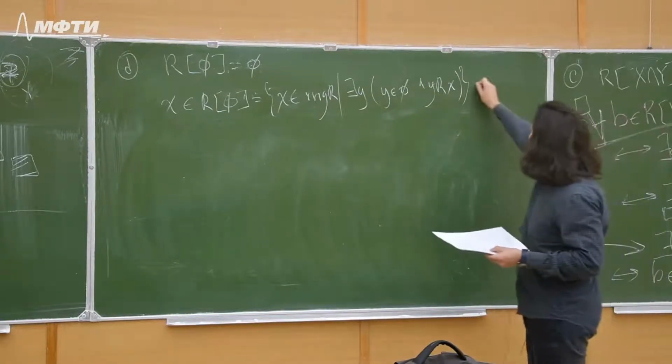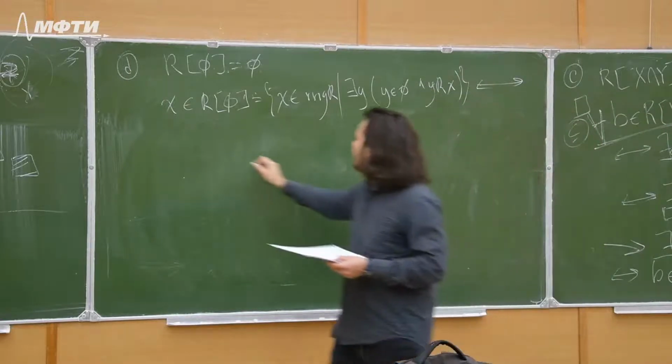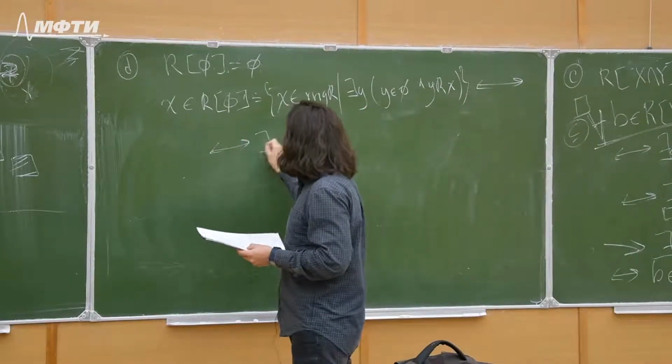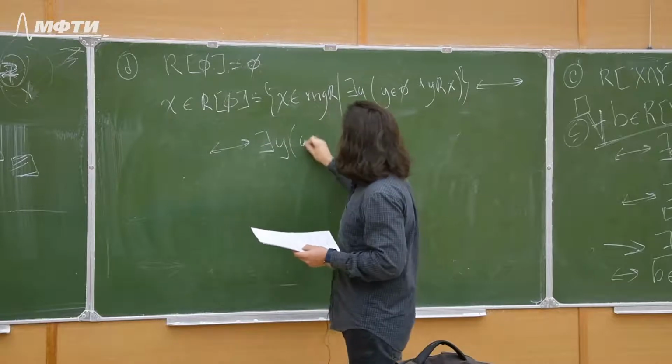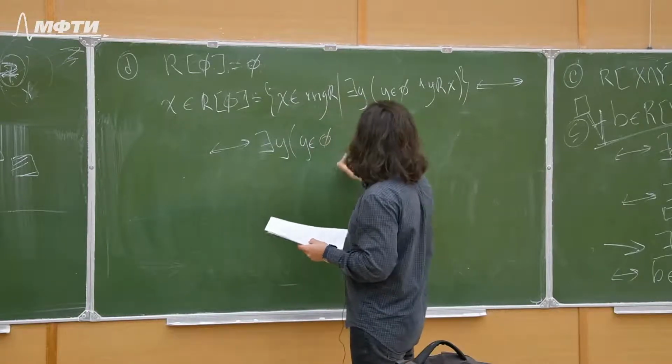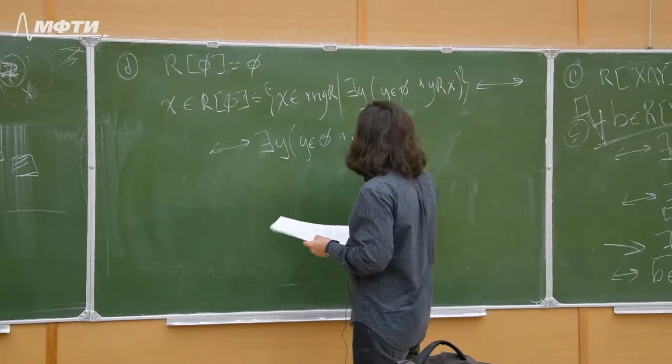And this is true if and only if there exists some Y such that Y belongs to the empty set and Y R X.